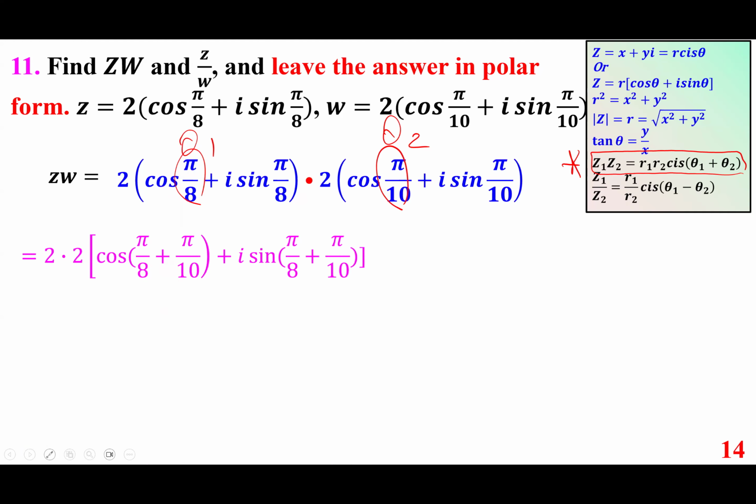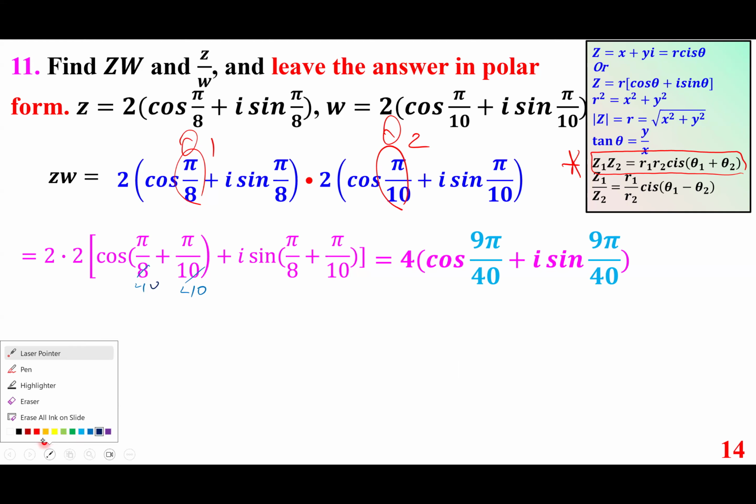As you can see, the common denominator is 40, right? So if you go with 40, then you have 5 pi here, 4 pi here, 9 pi over 40. So 4 cosine of 9 pi over 40 plus i sine of 9 pi over 40, or in shorthand notation, 4 cis 9 pi over 40. That means the same thing.